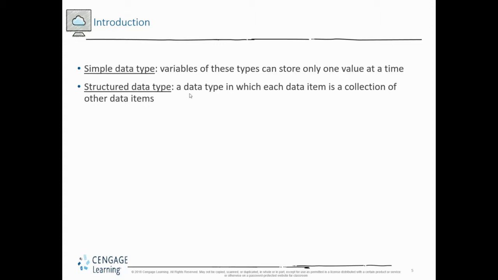It's not really much of an object at all, but they told us it's going to be for inputting numbers. I would rather just say number, right? Like number 0, all the way up to number 3031 or whatever, and go from that perspective. But as long as you understand, though, that an array is a data type in which each data item is a collection of other data items. They're all based on the data type of the array. So it's a double, it's an int, it's a string, that kind of stuff.